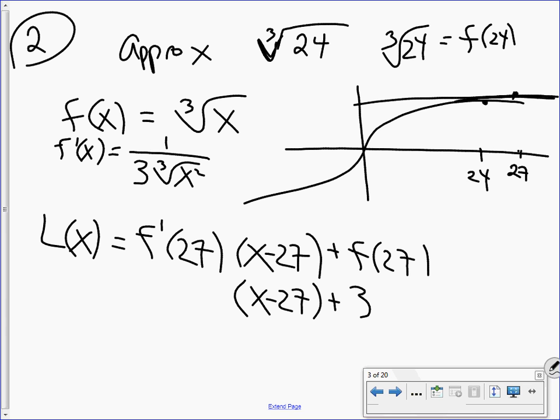Nice. Now we'll plug 27 into that. One over 3 times the cube root of 27 squared. Well, what's the cube root of 27? 3. You square that. 9 times 3. So we get a slope of 1/27.